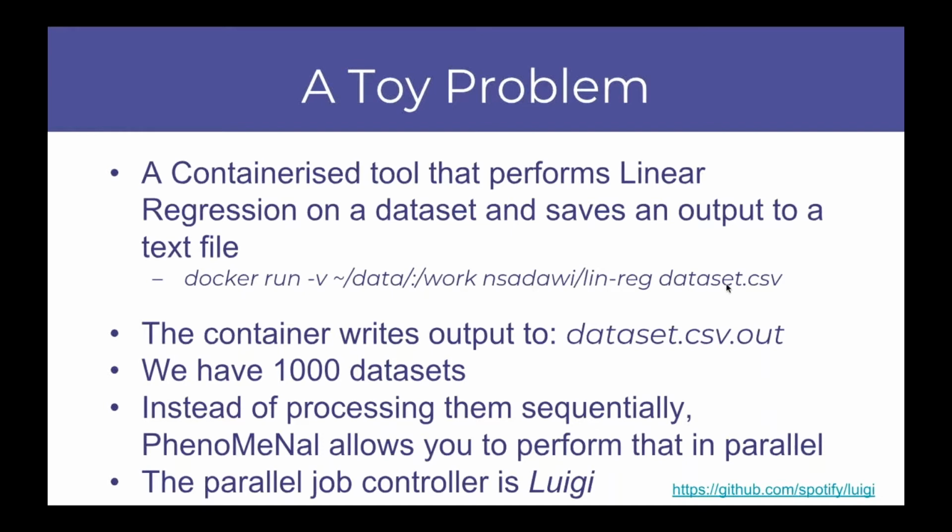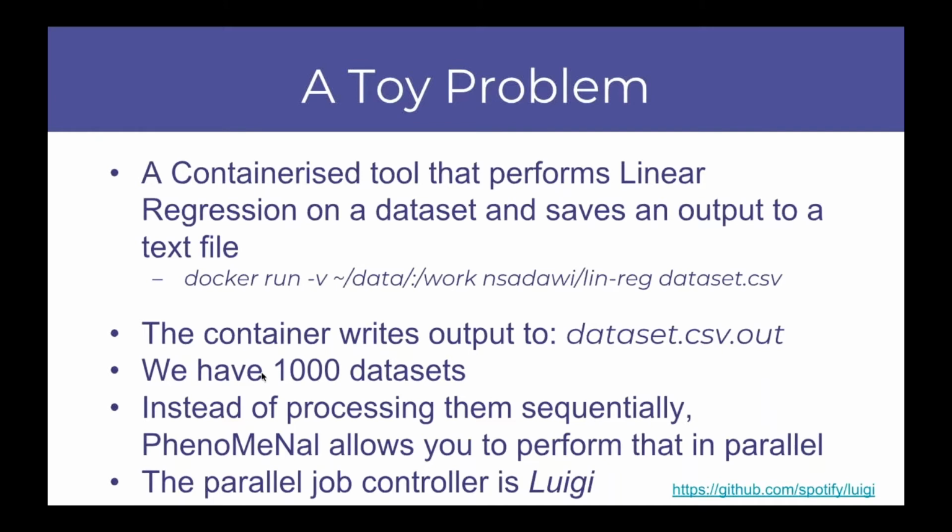We pass it the data set, it does the processing, and then it writes the output it generates to a file that has exactly the same file name as the input file, but with .out added. The reason we use volume mapping is so that we can keep the data. If we write the data into the container, then when the container exits, we lose the data. That's why we use a volume, so we can write the data to our volume and access it later. So the container writes the output to this .out file, same file name but .out.